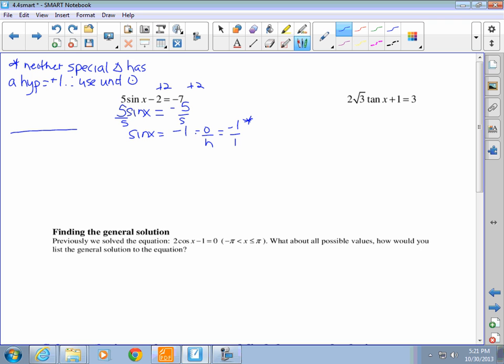So if I think about this, if I do my unit circle, remember your sine is your y value, and cos is your x value. So if I look at my values here, I have 1 and 0. Okay, that's not a negative 1. My cos is the 1 here.